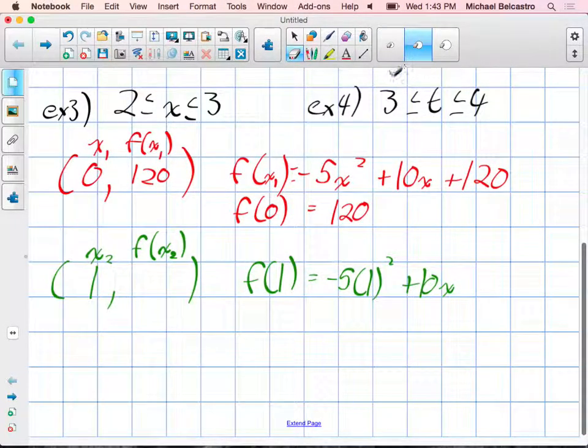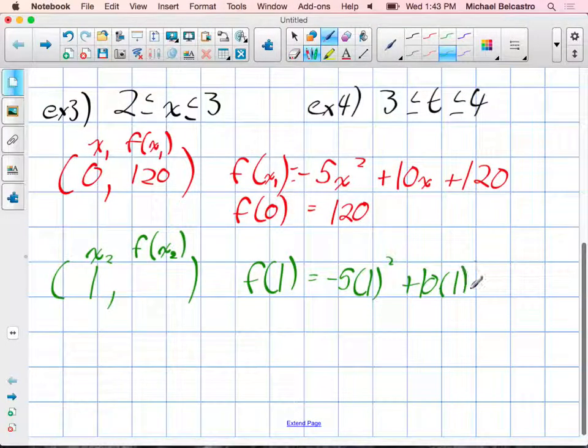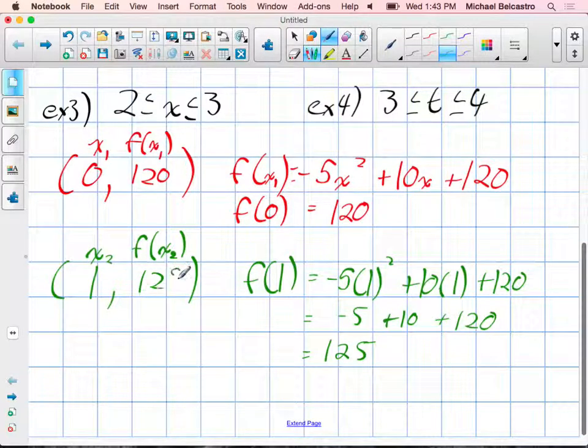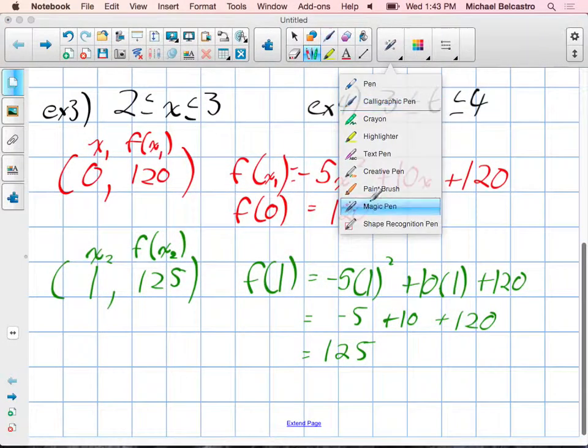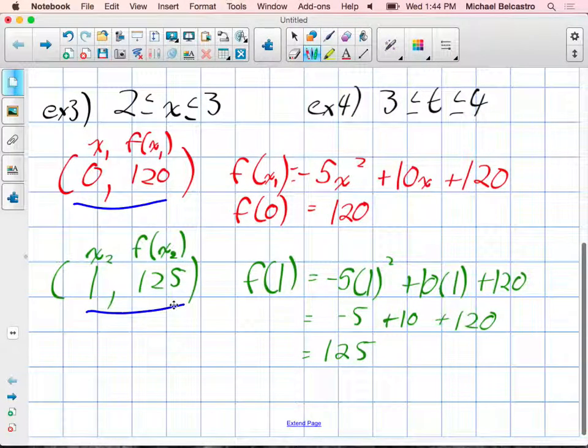Whoops, not x. What is it now? 1. Good. And plus 120. Okay. This will give us negative 5 plus 10 plus 120. What's it going to be? 125. Great. Okay, so these are our two coordinates, okay?